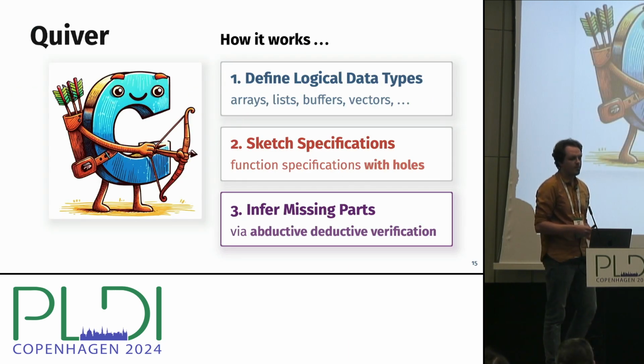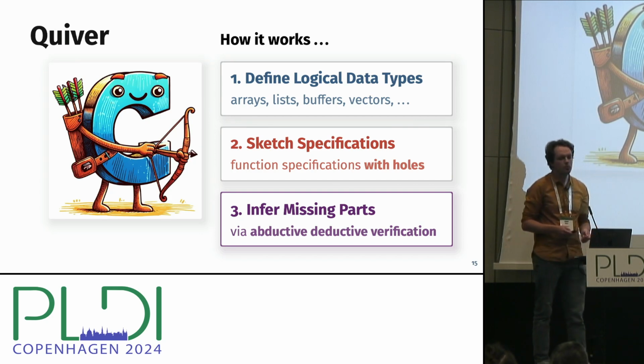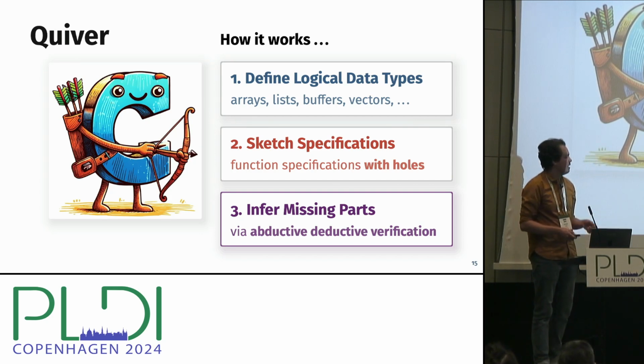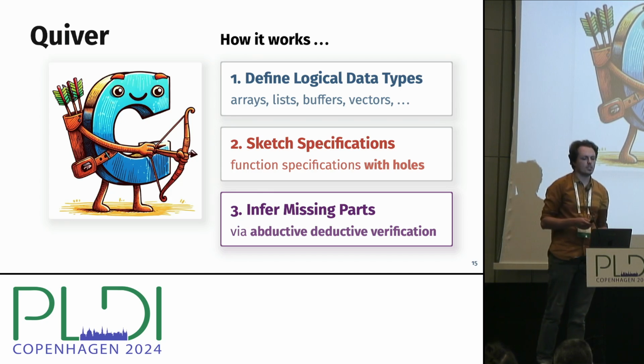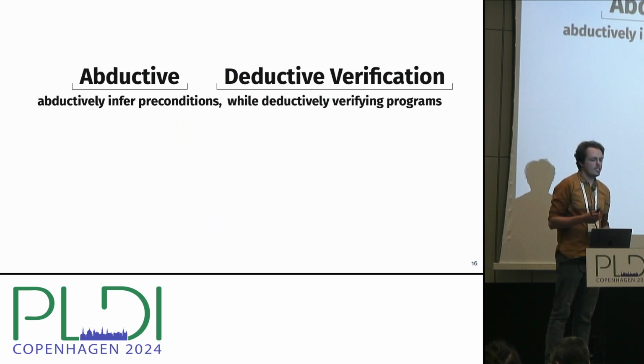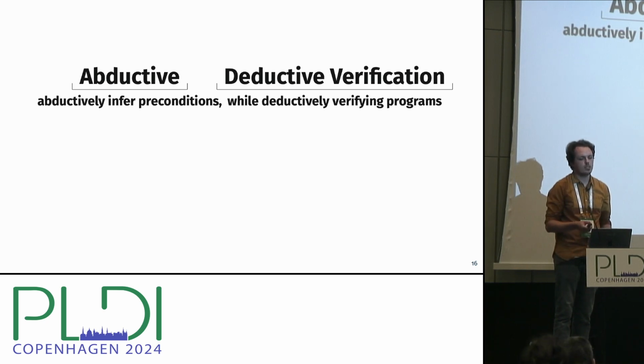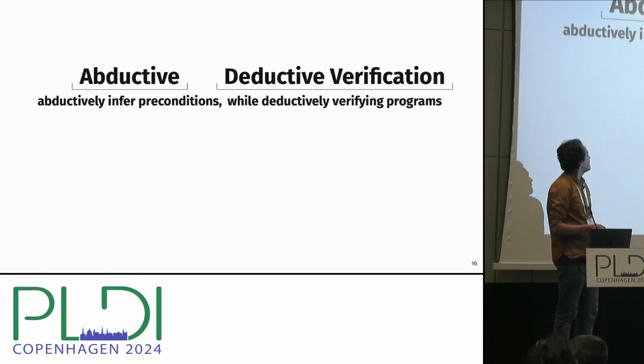All right, so now that I showed you just a glimpse of what the inference can do, let's see how it actually works. And as I said earlier, the key there is a new technique called abductive deductive verification. The idea of abductive deductive verification is that we want to abductively infer preconditions while deductively verifying a program. What does that mean?